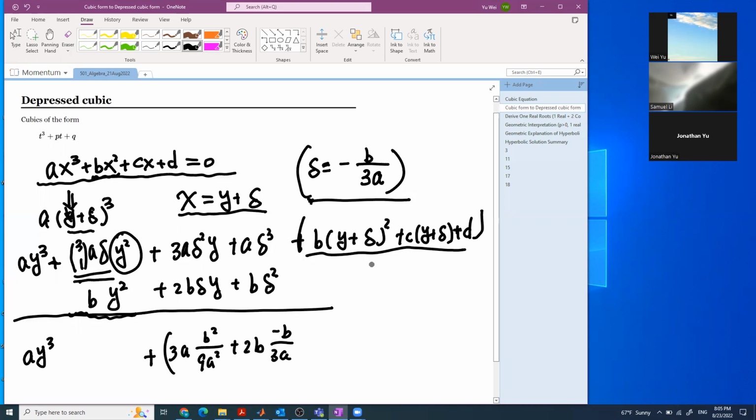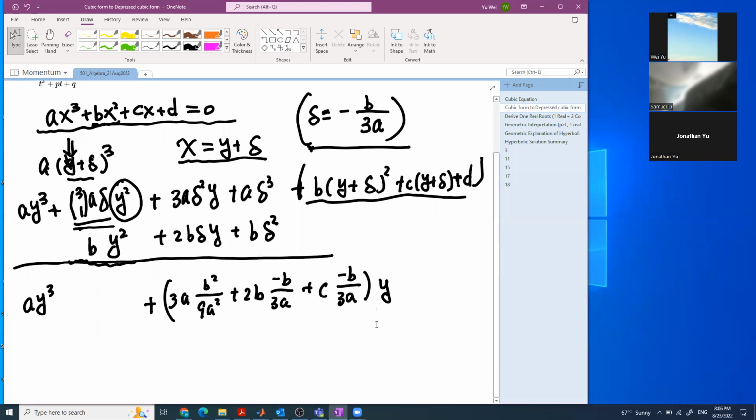Now we have the term from c, right? Then we plus c times negative b over 3a. That's all the y terms. Then let's add in the constant term.